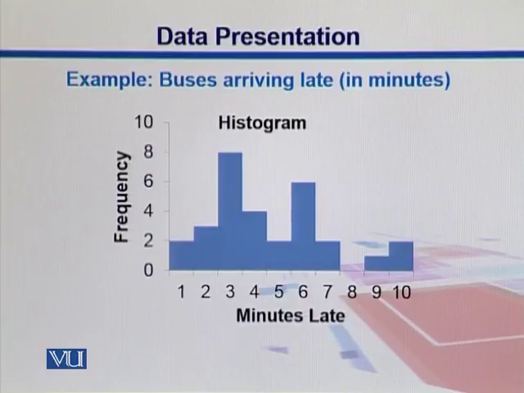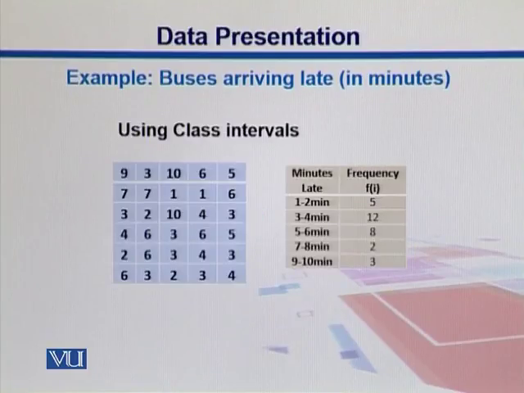Since in this data we have continuous data, with 1 minute, then 2, then 3, 4 and 5, there is a gradual increment. So in that case, we can better present it in this shape, which we call a histogram. Sometimes we try to merge distinct classes or categories, where we can introduce the concept of class intervals.